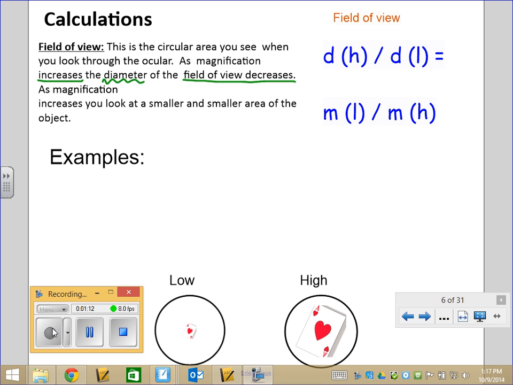I'm highlighting the word diameter because we're seeing a circle, and so I'd like to specify which measurement we're actually going to take when we measure the field of view. The idea is that as magnification increases, you look at a smaller and smaller area. So I'm closer, but I see less actual space.